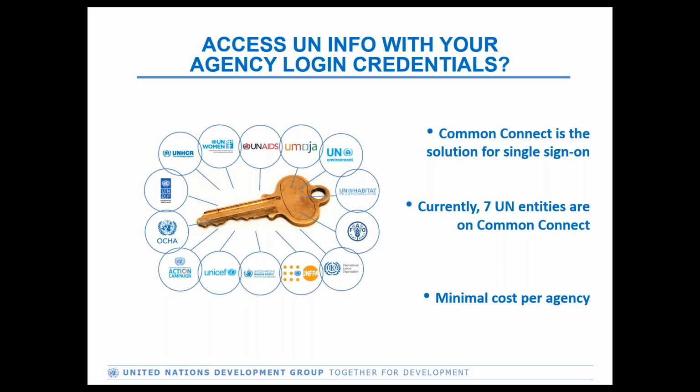Not all agencies are currently on Common Connect. The actual list at this point includes the International Civil Aviation Organization, OCHA, UNDP, UNFPA, UNOPS, UN Women, and the International Computing Centre. UNHCR is currently being onboarded.